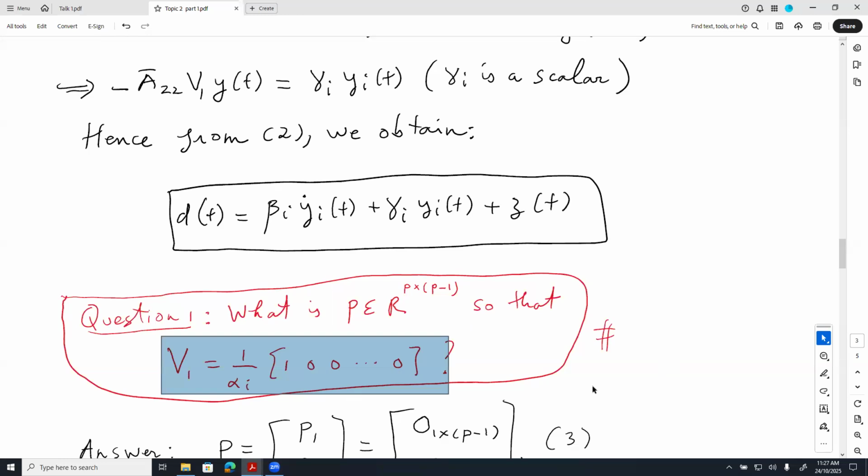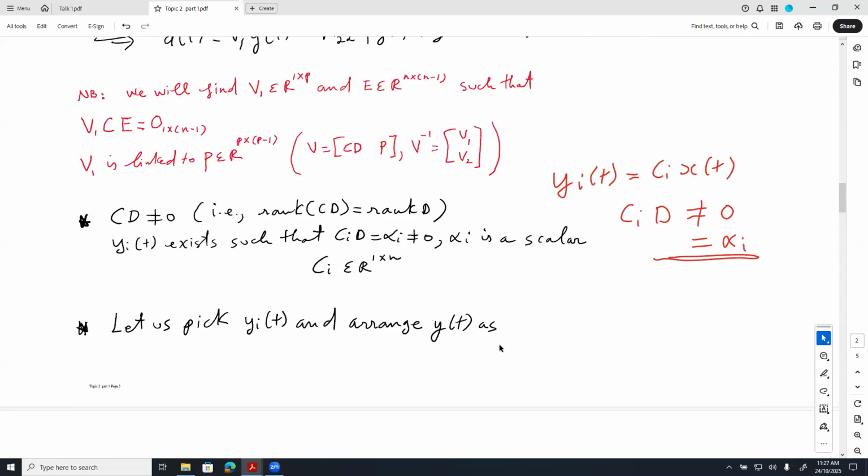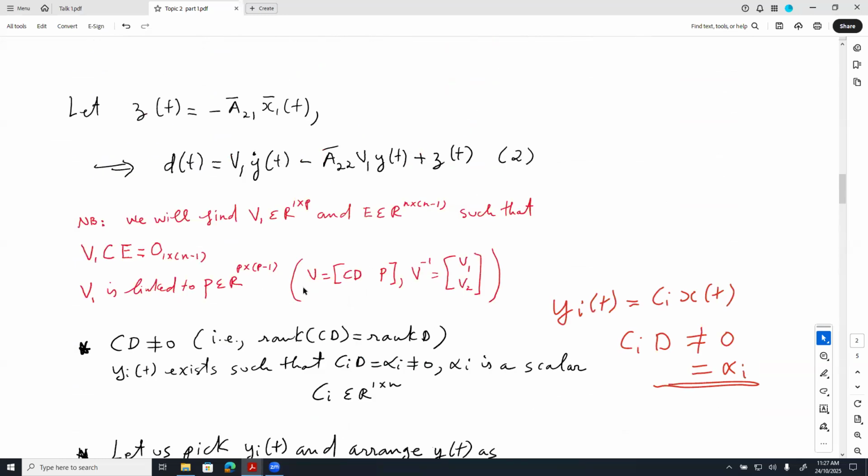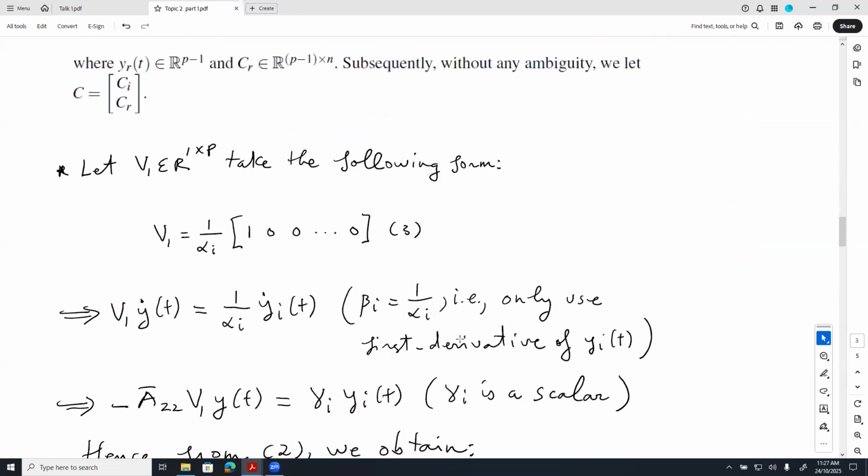All right, now when we look back into this expression, the relationship between V1 and P, we can see that V1 is actually related to P. Now, according to Hou and Muller, P was chosen arbitrarily, but in our approach, we need to work out how we select this matrix P so that V1 takes this special structure.